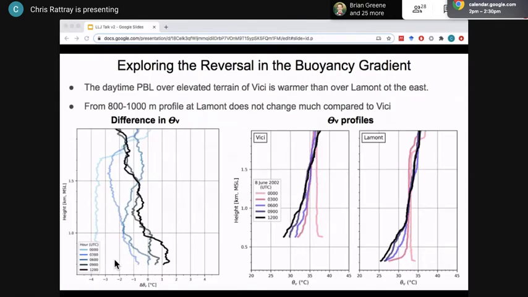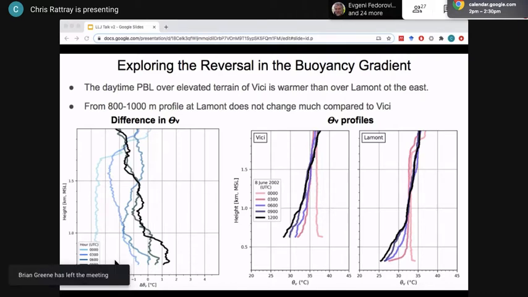Just taking a closer look at the buoyancy gradient, the figure on the left is showing the difference in theta V between Visay and Lamont on the 8th. And on the right are the theta V profiles from Visay and Lamont, with height above sea level on the y-axis.